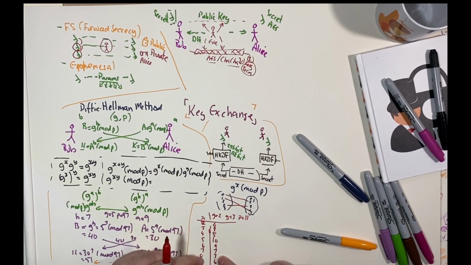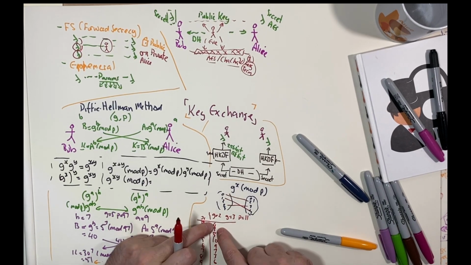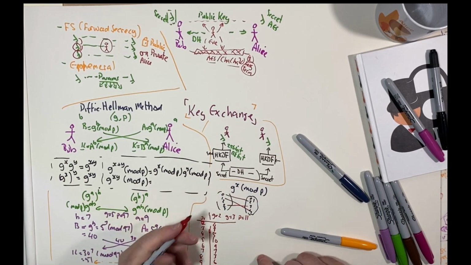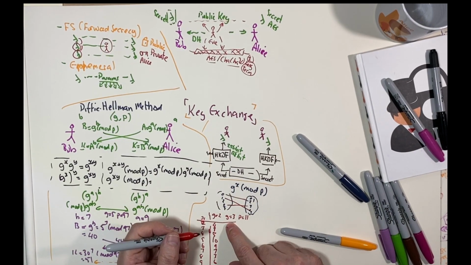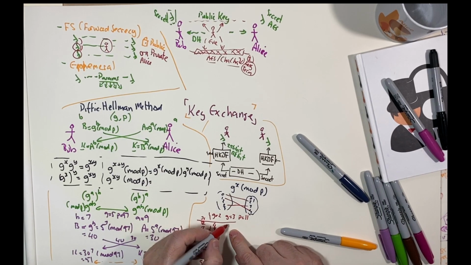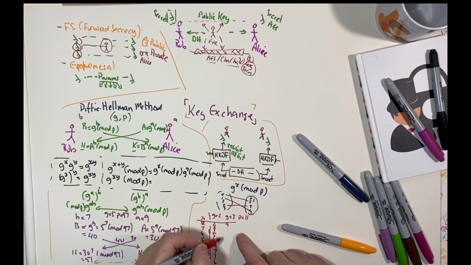So that's all good, because we can see each value of x relates to a different value when we do g to the power of x mod p. But watch when we use a g value of 3. In this case, we end up with 9, because 3 to the power of 2 is 9 mod 11.